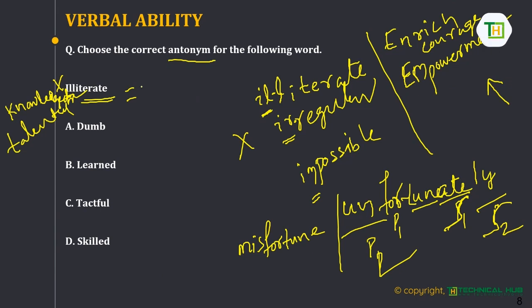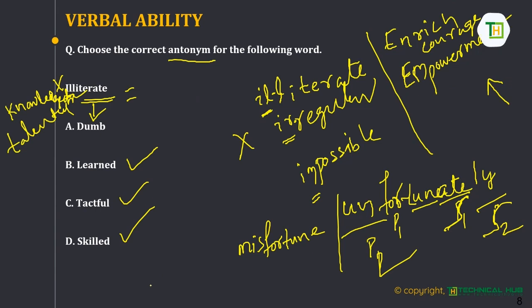So the exact opposite of illiterate, you will get all these three words. So learned also comes, tactful also comes, and skilled also comes. Okay, so illiterate, dumb. This is a synonym actually here, dumb, and the remaining three are the opposite of this one.